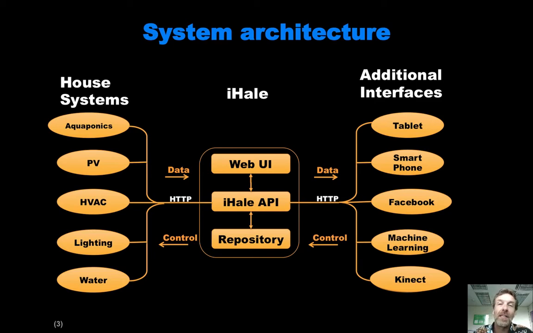Also, if we want to have things like Connect whole body controllers for the system, the natural way in our architecture to do that would be to have the Connect system communicate with the iHale system about the user's intent, and then the iHale system would actually issue the commands to the various systems. So that's the basic overview of our architecture.